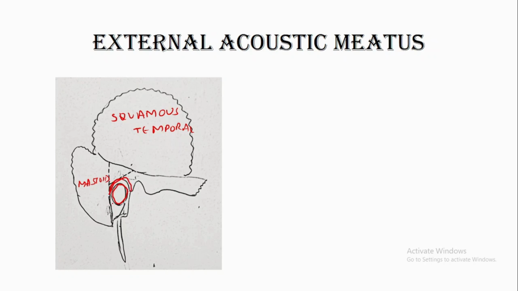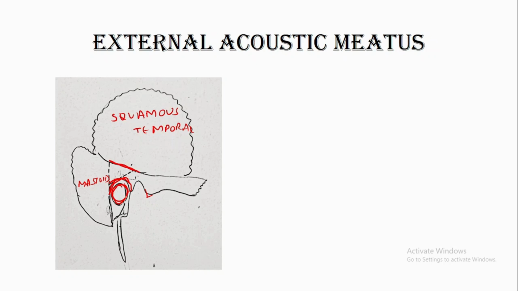So we are talking about this. The external acoustic meatus opens just below the posterior root of zygoma, as we have seen that here is the anterior root of zygoma and here is the posterior root of zygoma. So the external acoustic meatus is present below the posterior root of zygoma.